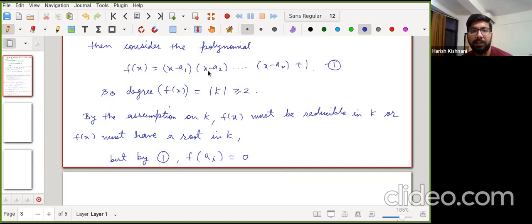So ai minus ai will become 0, and thus this part will become 0. So you just have 1. It will be 0 plus 1, which is going to be 1, and that's not 0, right?